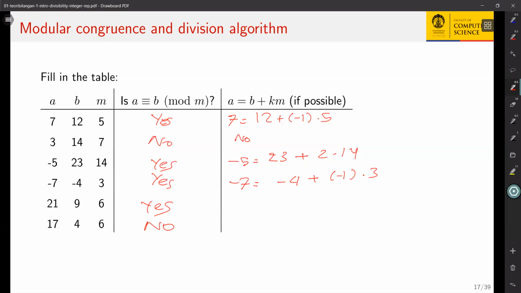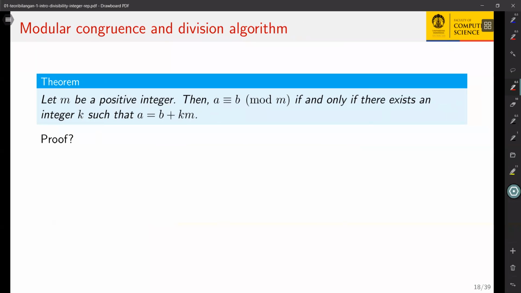And then here 21 is 9 plus 2 times 6, right? This is no. Okay.